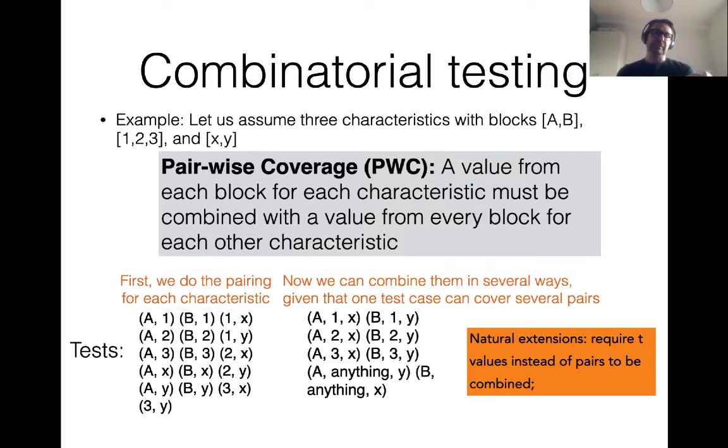And you can imagine that this becomes an optimization problem, and we can use optimization tools or search to search for the fewest number of test cases that covers pairs or triplets or quadruplets.